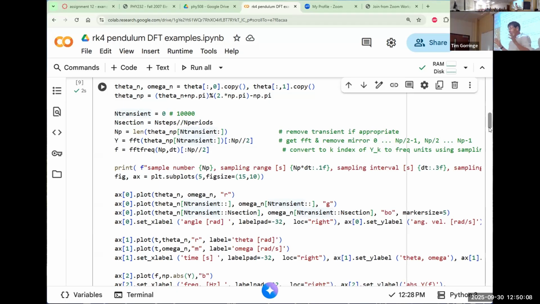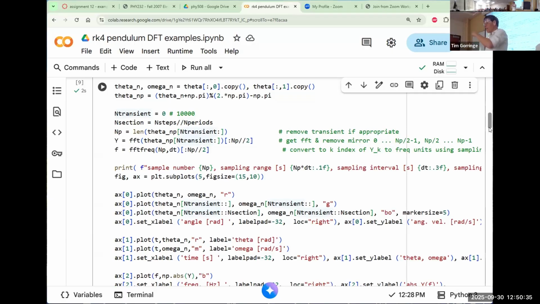And so by calling this function, you can calculate an array where the elements of the array represent the frequencies in hertz, for example. So it's a handy way of getting an independent variable for your frequency domain data that is in hertz.